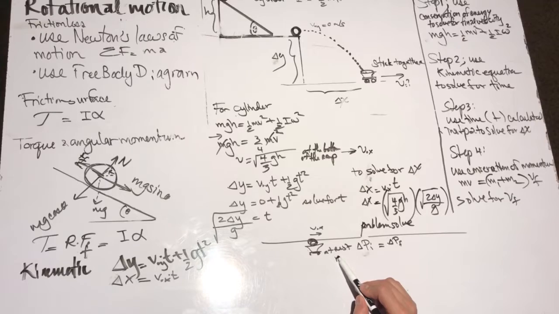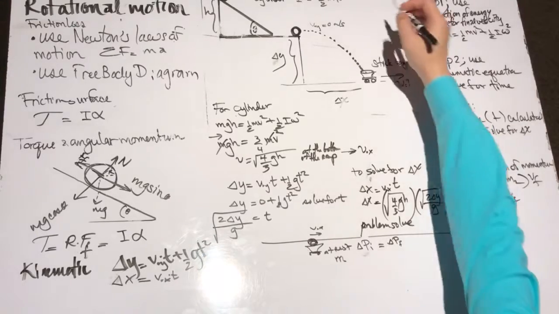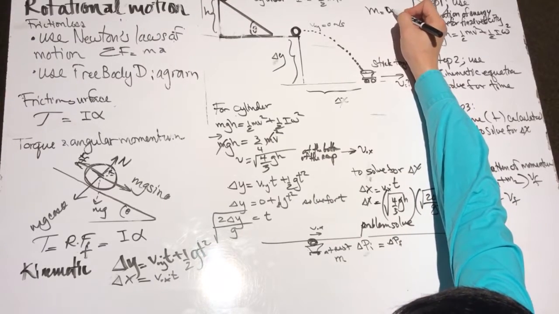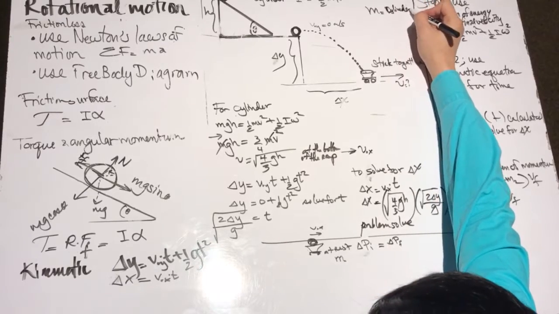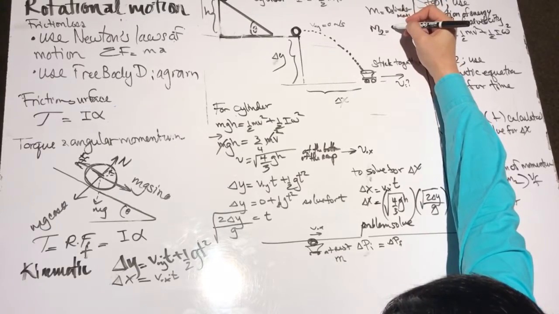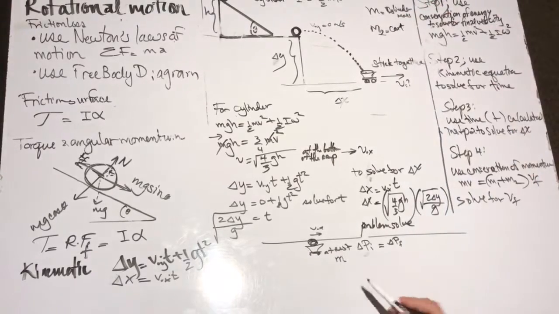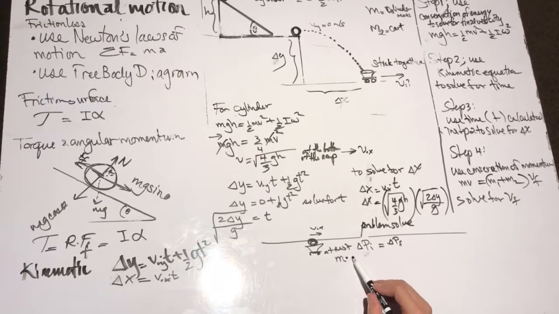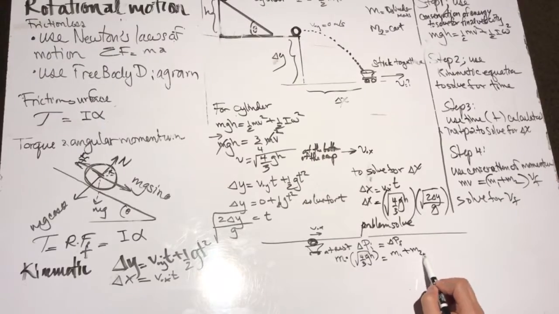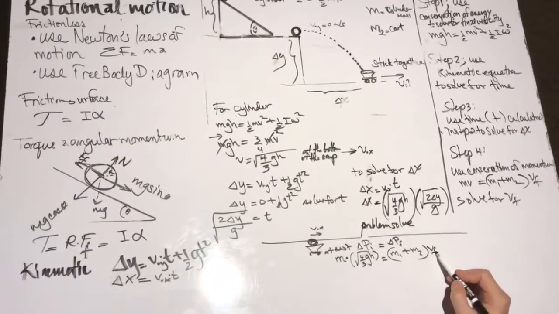Pi is equal to, I'm just going to say mass M1 is the cylinder mass, M2 is the cart. So that would be M1 times 4/3 that. So it's one velocity final.